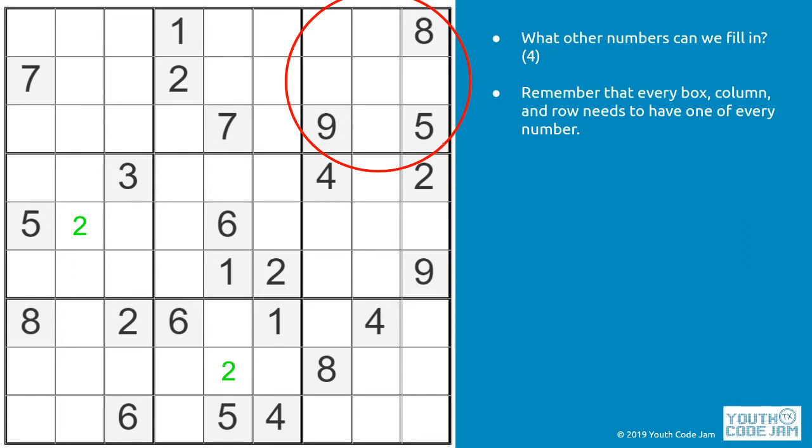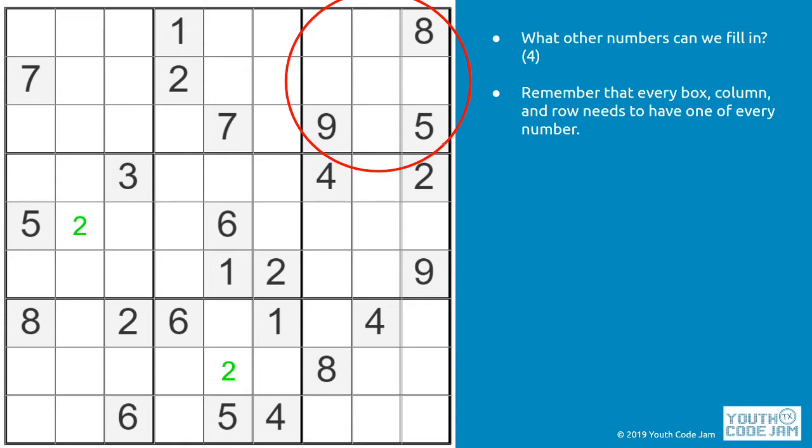I see a 4 right here, so no more 4s in this row, which takes out these 3 squares right here. So if there can't be a 4 in these 2 squares, or in these 3 squares, but there needs to be a number 4 somewhere in this box, well, this square right here is our only option left, in between the 8 and the 5. The only place where we can add a 4. So let's go ahead and fill that in.